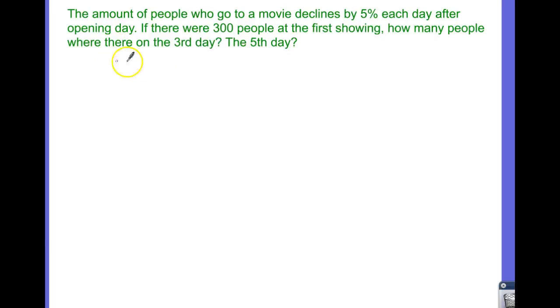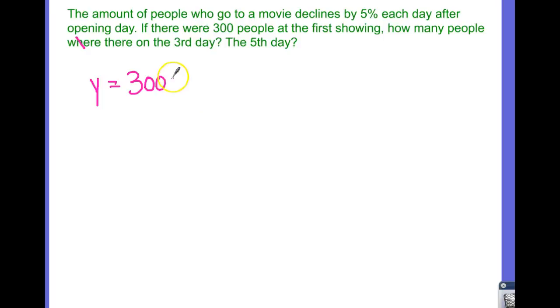Okay, one more. The amount of people who go to a movie declines by 5% each day after opening day. If there were 300 people at the first showing, how many people were there on the third day? On the third day. So, of course, our original equation.